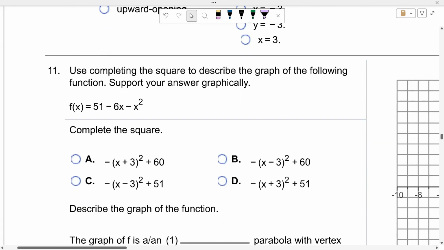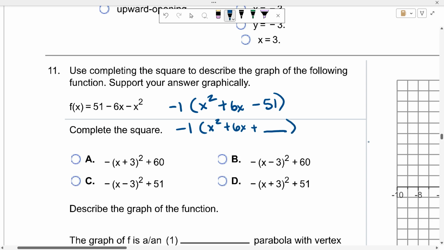Let's do another one, completing the square. Okay, this one has a negative at the start. So what I'm going to do is pull out the negative first and go x squared plus 6x minus 51. Okay? So then it's negative 1 times x squared plus 6x plus blank.